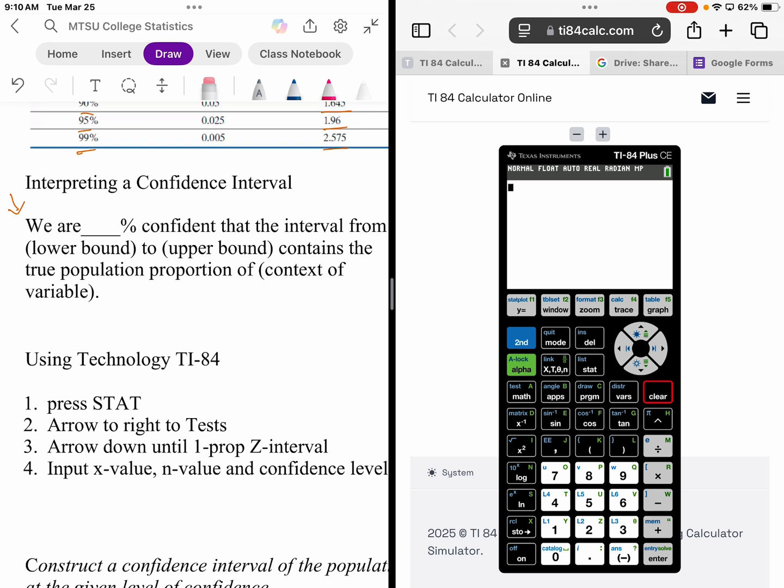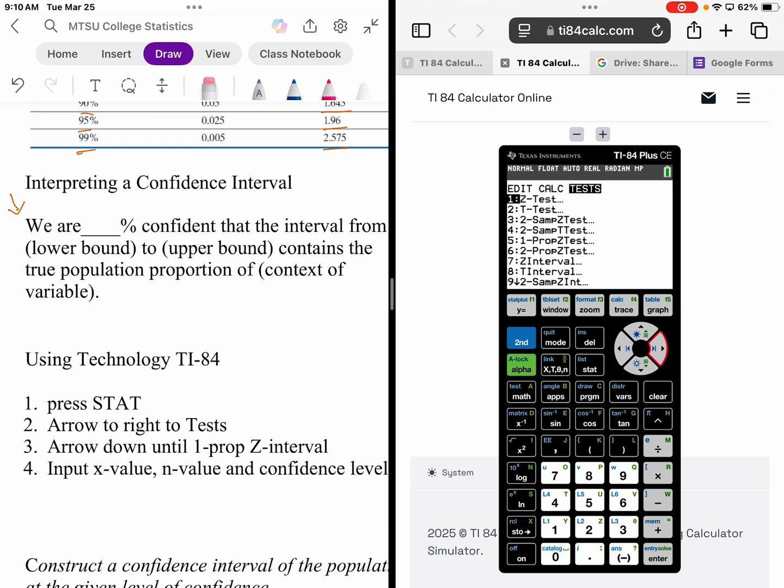Any of our confidence intervals and test stuff is in the stat feature of the calculator. If you press the stat button and arrow over to the test column, anything that has the word test after it is a hypothesis test. Today we're doing an interval.